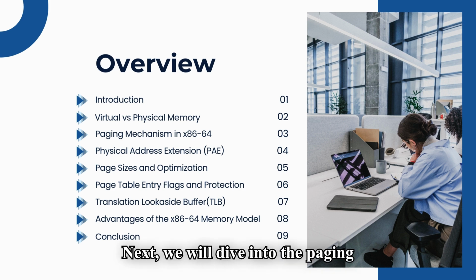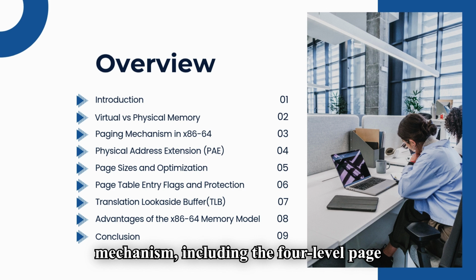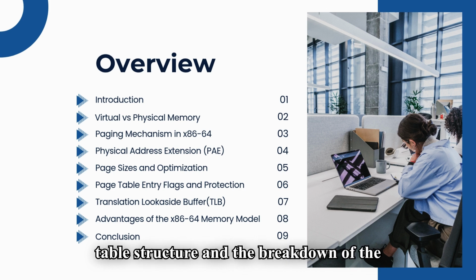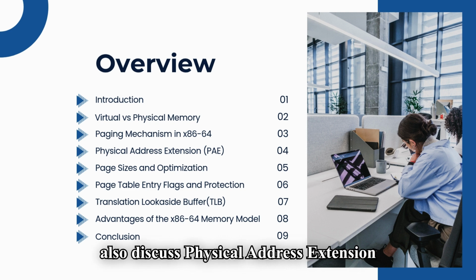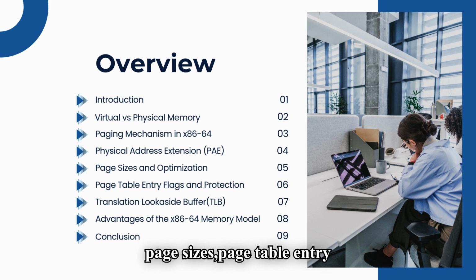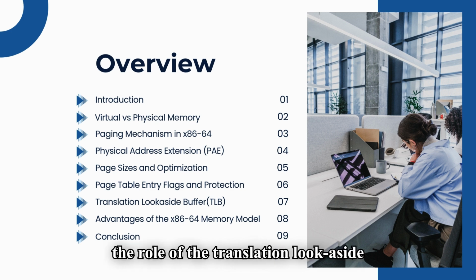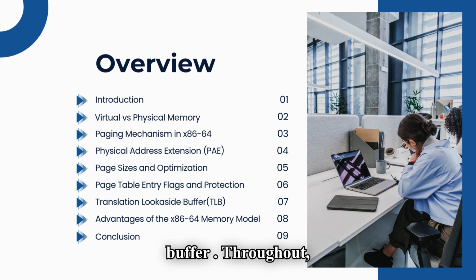Next, we will dive into the paging mechanism, including the four-level page table structure and the breakdown of the 48-bit virtual address. We will also discuss physical address extension, PAE, page sizes, page table entry flags, access control, the no-execute, NX, bit, and the role of the translation look-aside buffer, TLB.